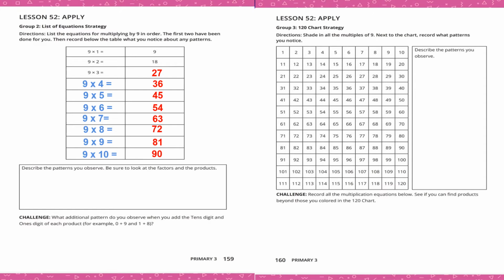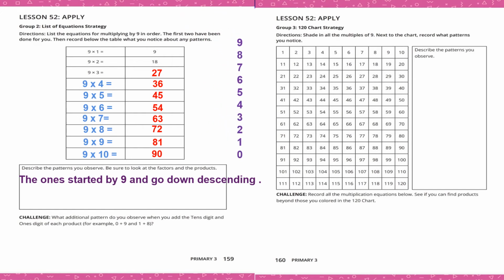Okay? Here, we wanted to know another way or another strategy to get also the results of table 9. Describe the patterns you observe. Be sure to look at the factors and the products.